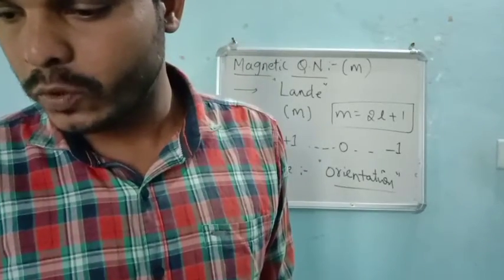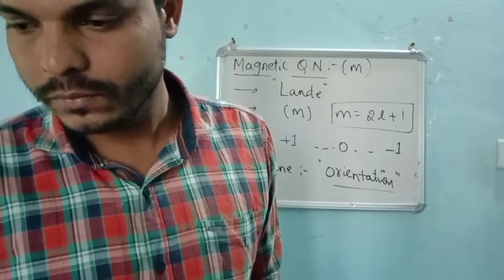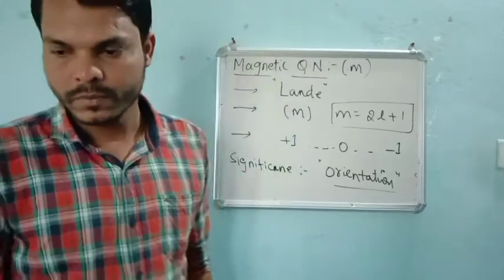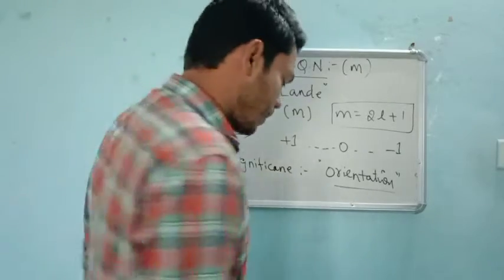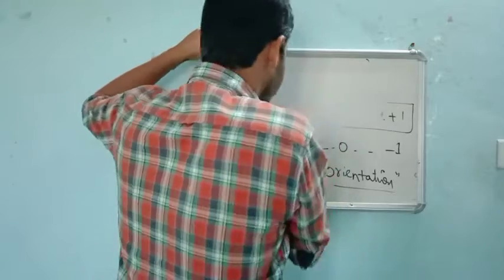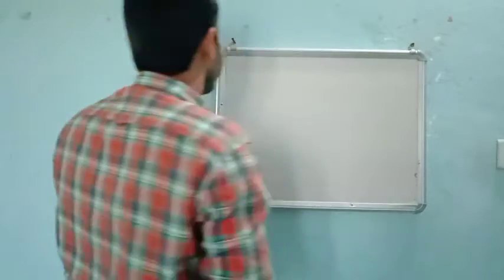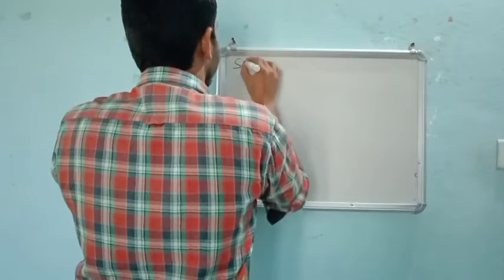Next, coming to the spin quantum number. It is the last one, the fourth one, very simple.